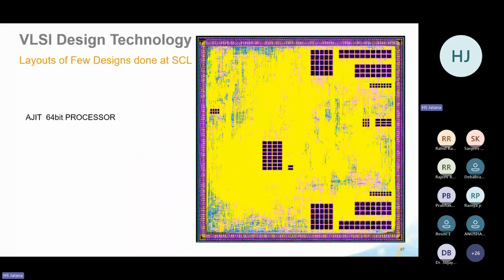This is the Ajit processor, 64 bit processor, which was designed by IIT Bombay, and we did the backend part of this. Professor Madhav Desai of IIT Bombay had done the front end, he had given the code, and we did the synthesis and all the layout. These are the memory cuts, and this again has a dimension of 11.5 mm by 11.5 mm. There are more than 100 different memory cuts, and while doing the floor planning, you have to see how these memory cuts should be placed.